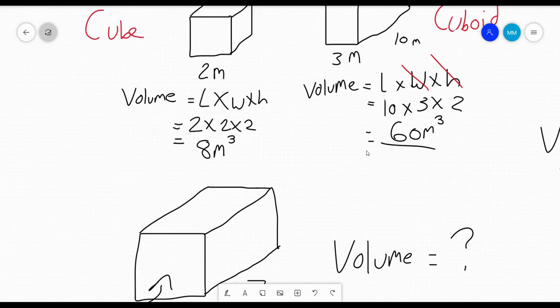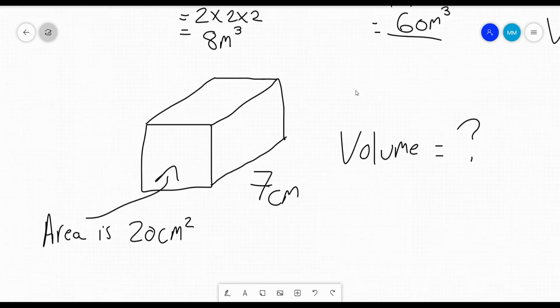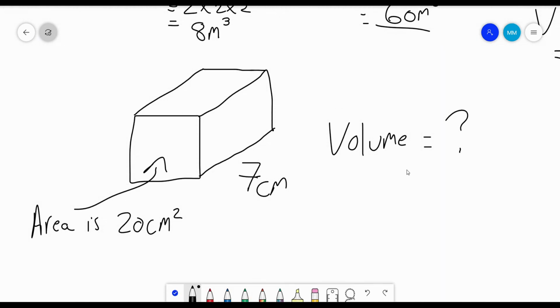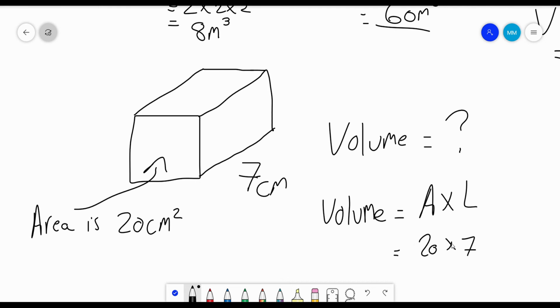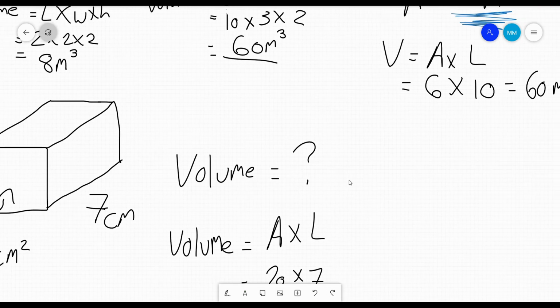So if we go back over here, we can say volume equals A times L, 20 times 7, 140 M3.